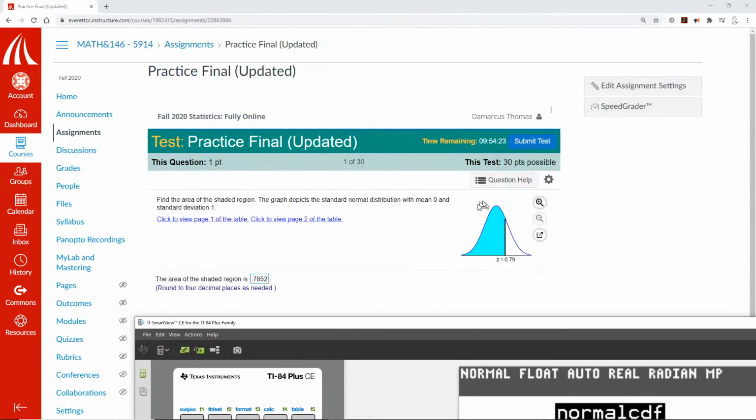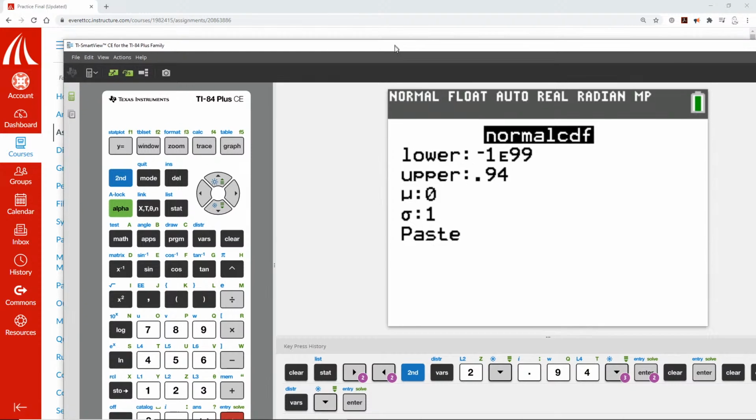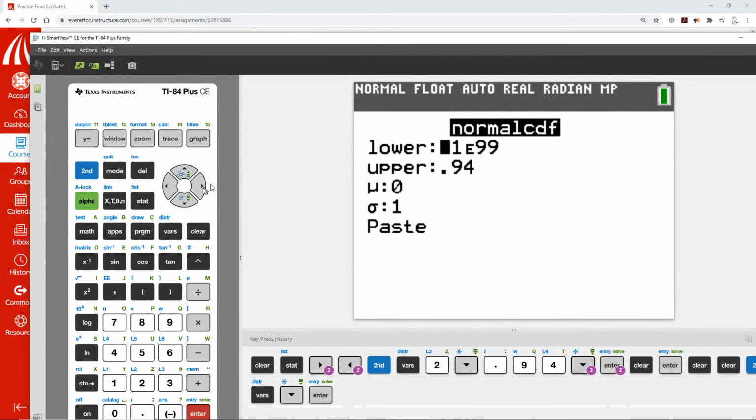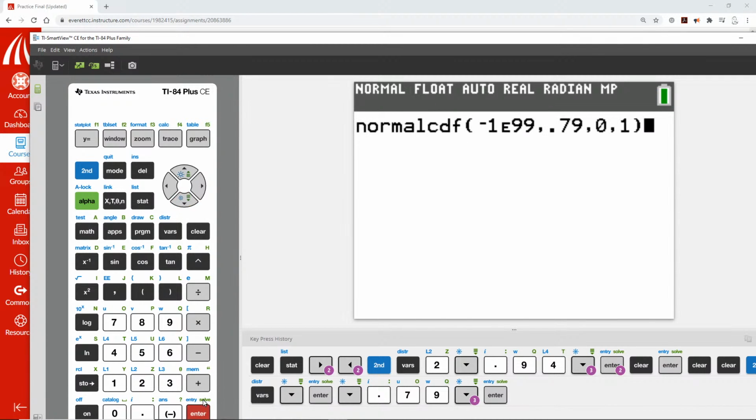And there is no lower bound. So we get to put in some very small negative number in our case. And then the upper bound is going to be 0.79. So we're just going to put in 0.79 and everything else is good. Then just hit enter. And there's what we get.